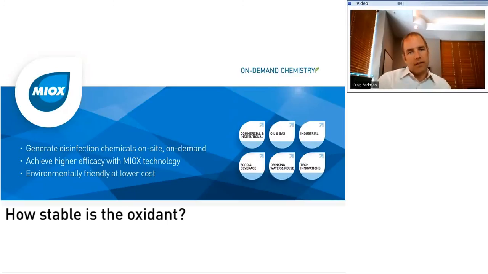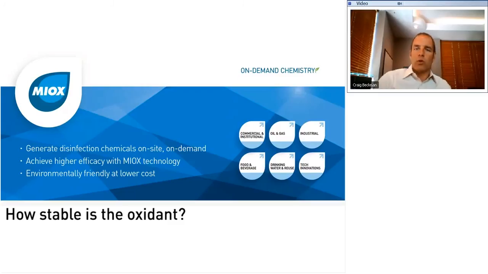The mixed oxidant, that's also a question we get. The cell that's optimized for that superior biofilm removal and biologic efficacy does have a shelf life. Because we're creating multiple oxidants, they actually will react with each other over time.